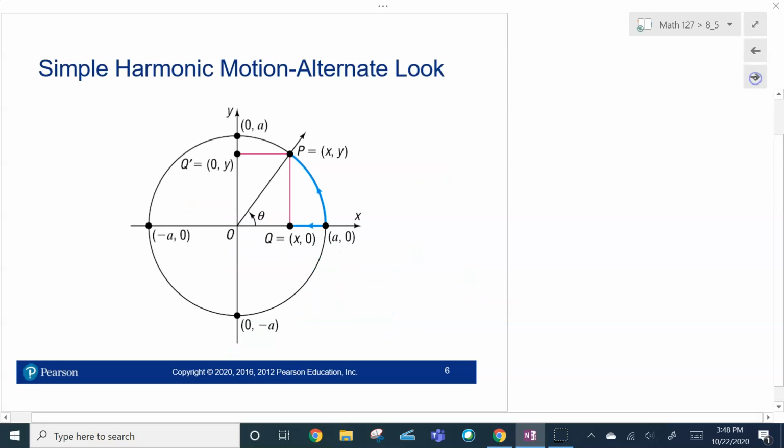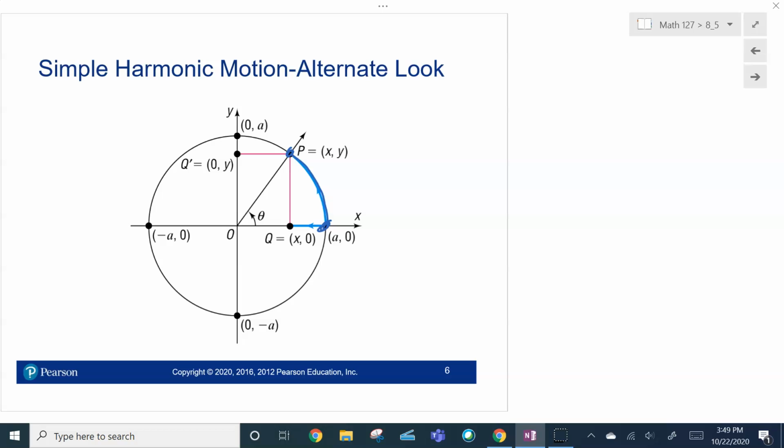So for simple harmonic motion, let me give you an alternate way to think about this, or an alternate look at simple harmonic motion. We're going to take a Cartesian coordinate system, and if we place an object at A0, you notice right here on the diagram, and if we move this thing counterclockwise, let's say it goes to point P here, but we're continually moving this thing around the circle in a counterclockwise direction at a constant angular speed.